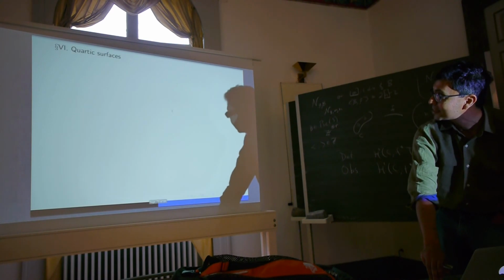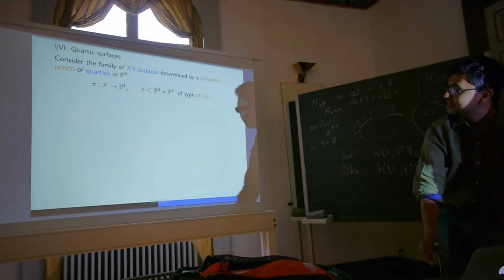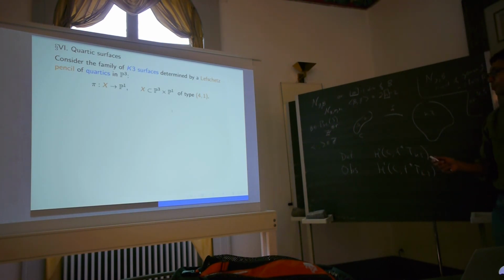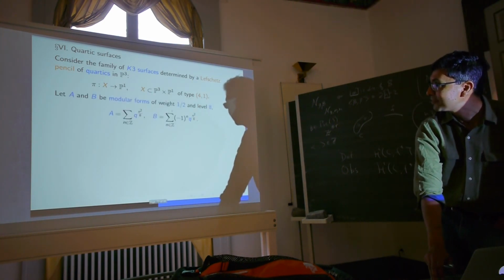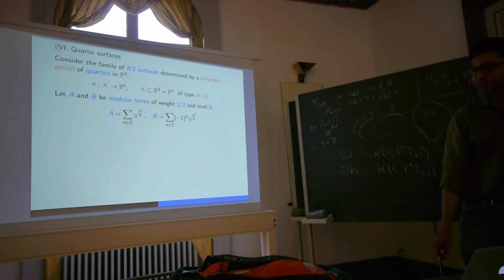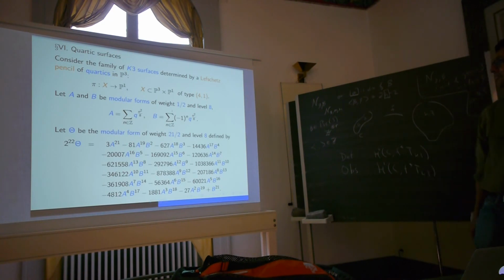I wanted to give one example for quartic surfaces, just to show what it is. If I look at this family of quartic surfaces, it's the simplest type of Calabi-Yau. To show what this Noether-Lefschetz is, those are explicit modular forms, and I wanted to show this explicit shape. This is a modular form of weight 21/2 and level 8.